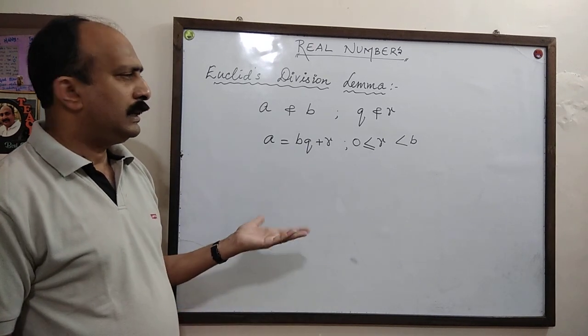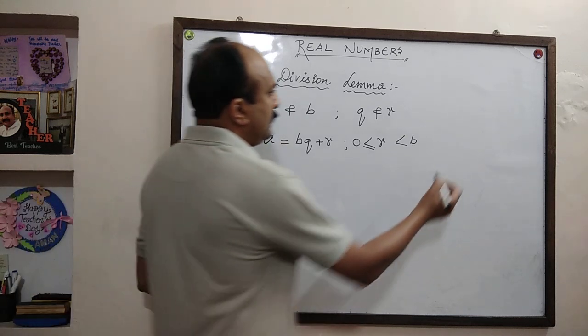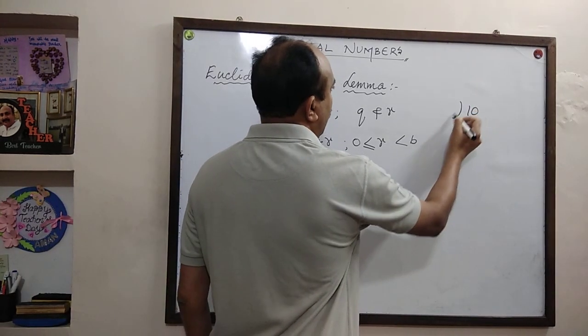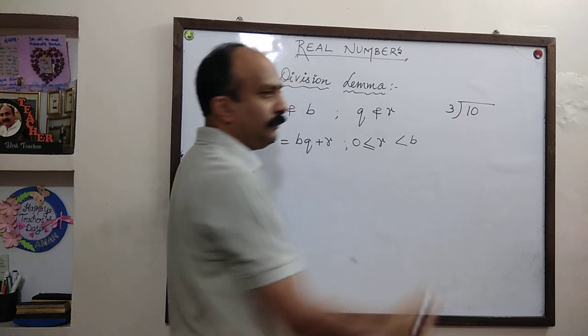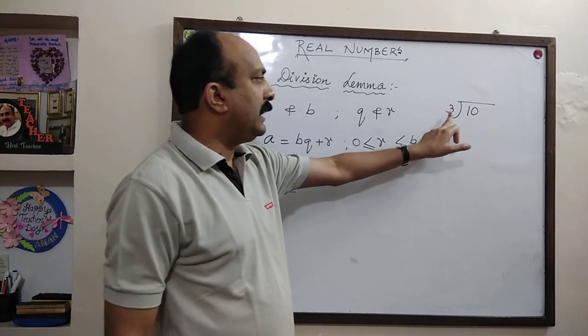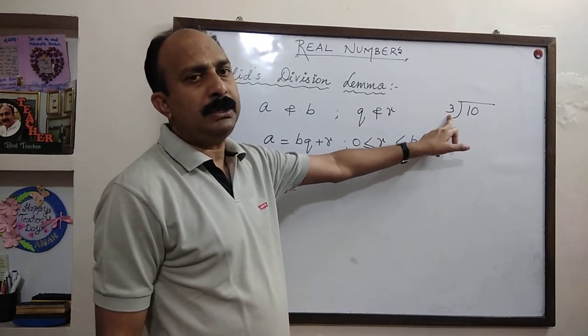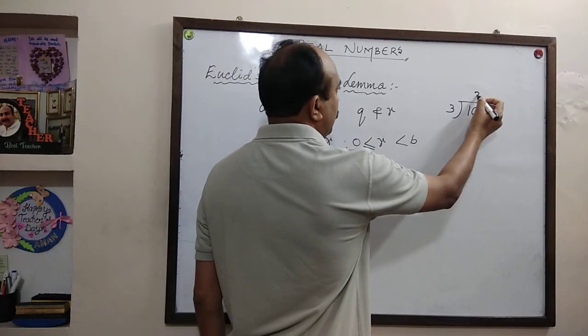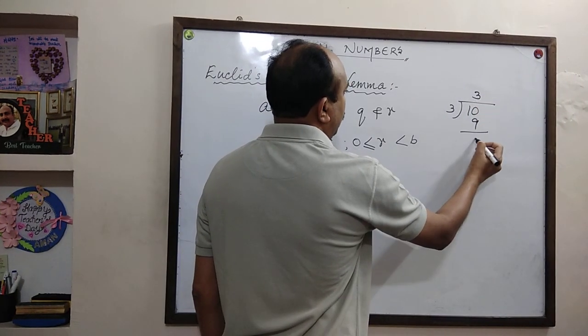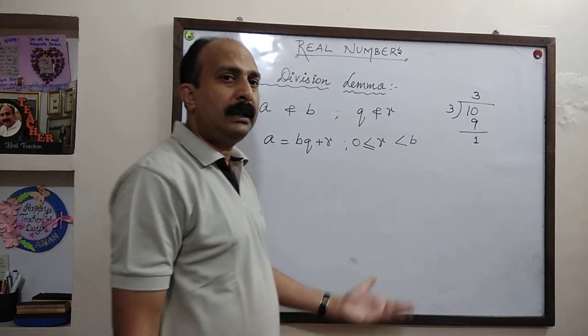For example, let us take an example. Let a is equal to 10 and b is equal to 3. When a is divided by b, what is the quotient? Quotient is 3. And the remainder is 1. That's all.